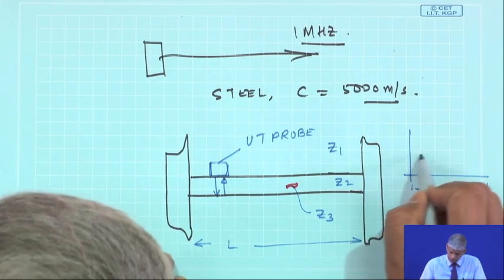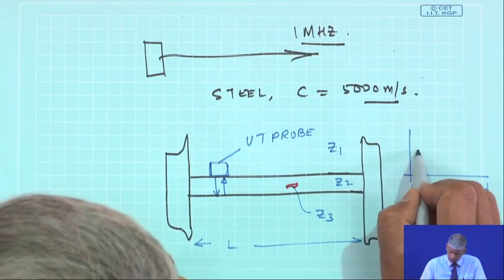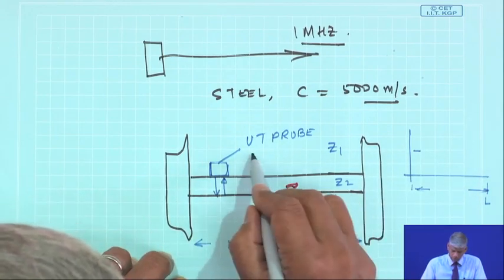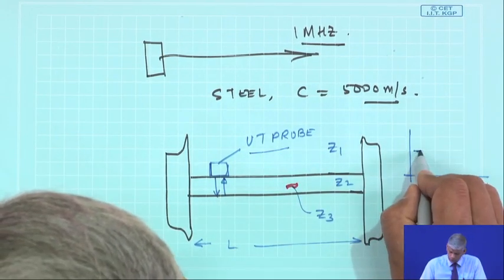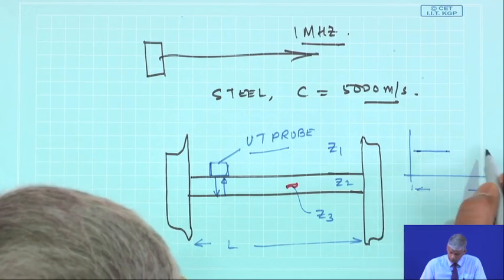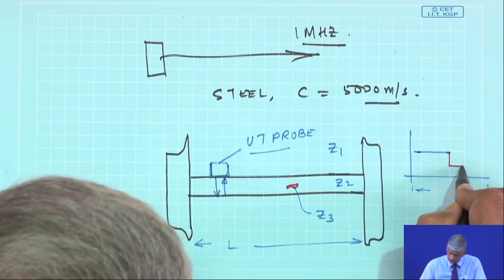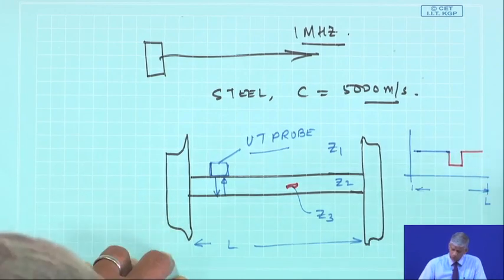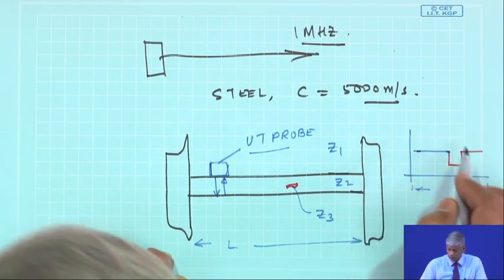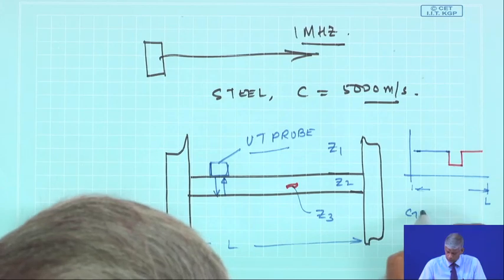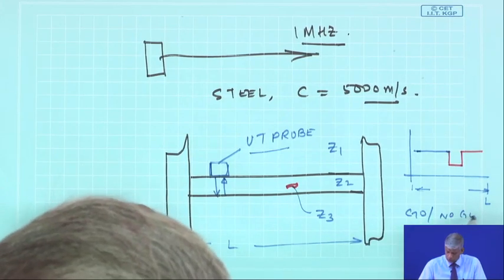I will see a certain intensity of this reflected wave, which I can measure in this ultrasonic, and suddenly I will see at some location that this has decreased. So, I can know even on a go no-go basis.